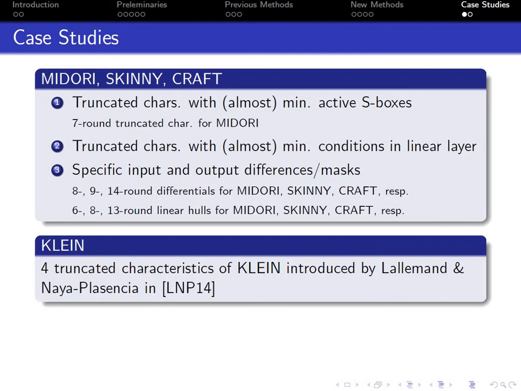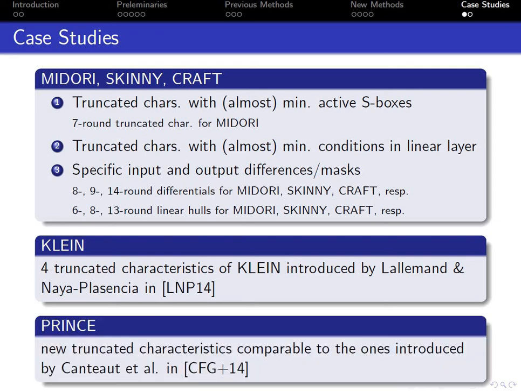We also compute the expected differential probability of 4 truncated characteristics of the Klein block cipher, which was introduced by Lallemand and Naya-Plasencia. Computing the exact value of these truncated characteristics previously was only based on the linear layer transitions. We used our methods to compute the exact value of these probabilities, and we showed that the estimation by Lallemand and Naya-Plasencia is very close to the exact values.